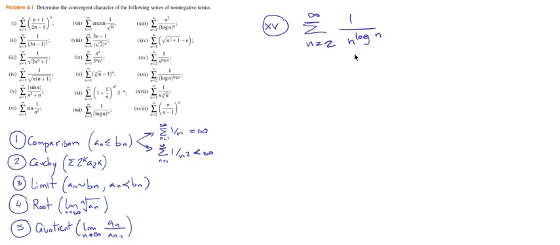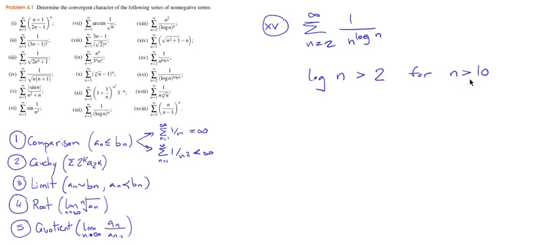But what I can say is that we know that the logarithm of n is going to be greater than 2 for some n, right? For n greater than, let's say, 10, for instance, right? So the logarithm of 10, I think it's going to be greater than 2.